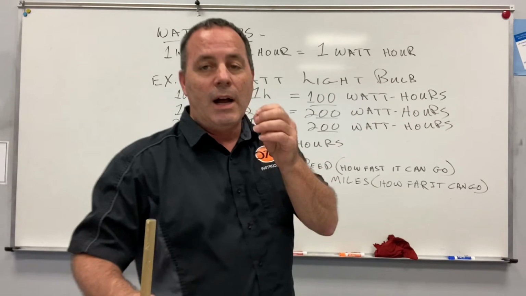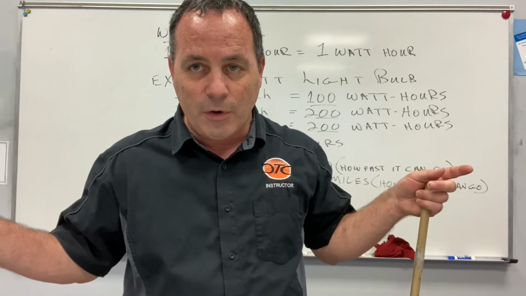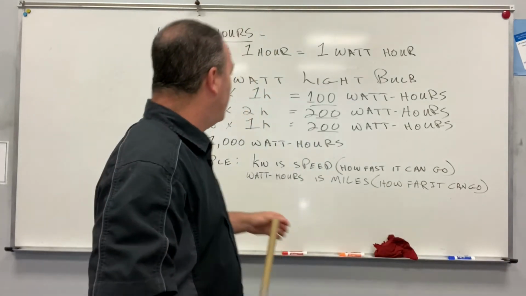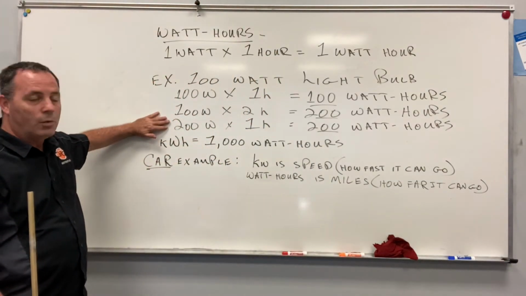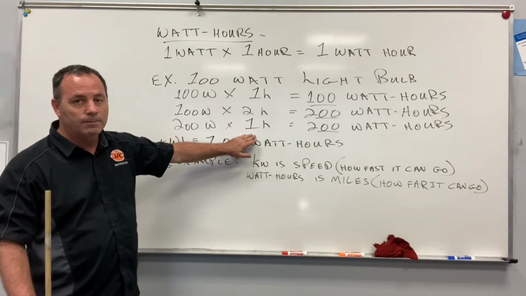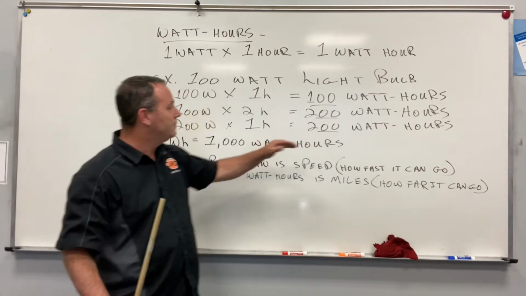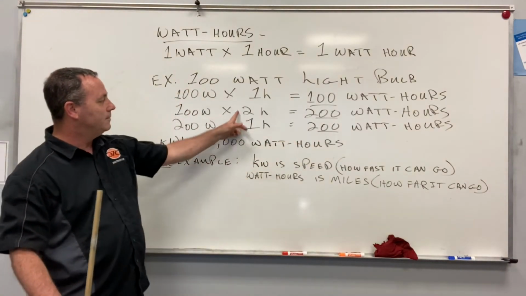Now you can see why I said 1 watt in an hour doesn't mean the watt was used for an hour. It means 1 watt was used in an hour. 200 watts times 1 hour equals 200 watt hours. Simple math.